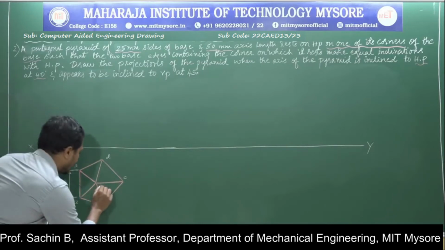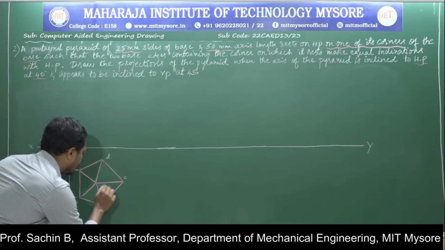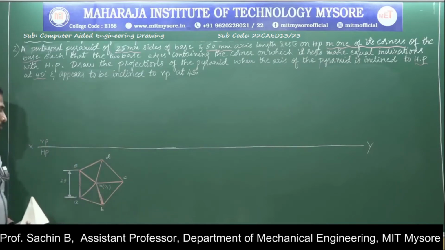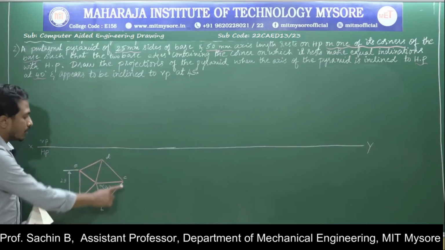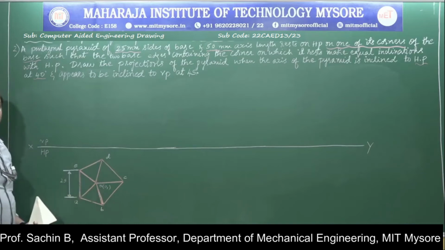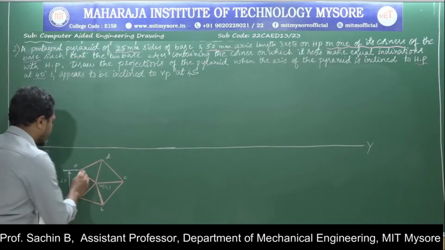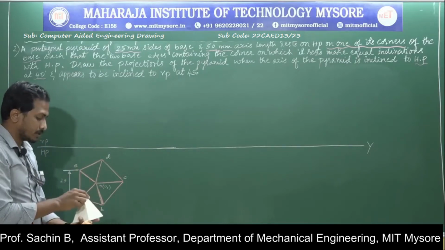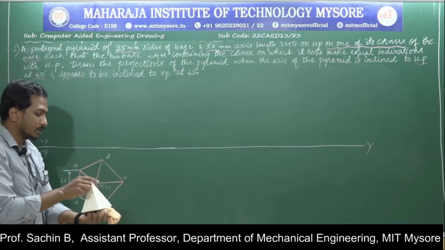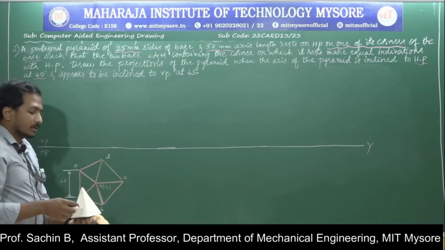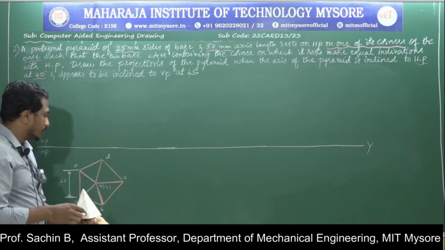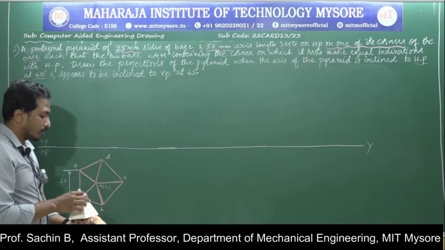I am going to call this as O, in brackets O1. Means from all the base corners to the apex point in the top view, the visible edges and the slant edges are going to look like this. Now this is my first position. I kept the object like this. I have drawn the visible edges that are clearly visible for me in the top view.